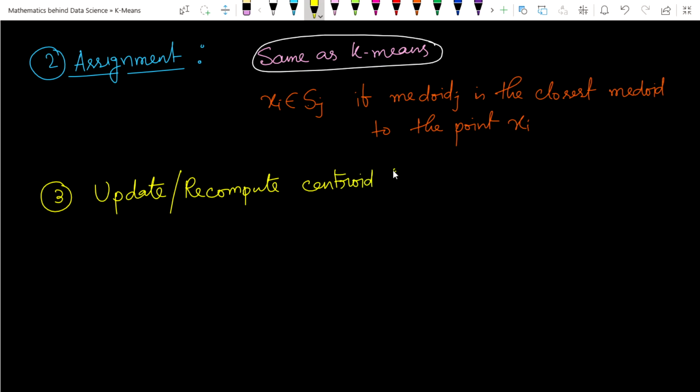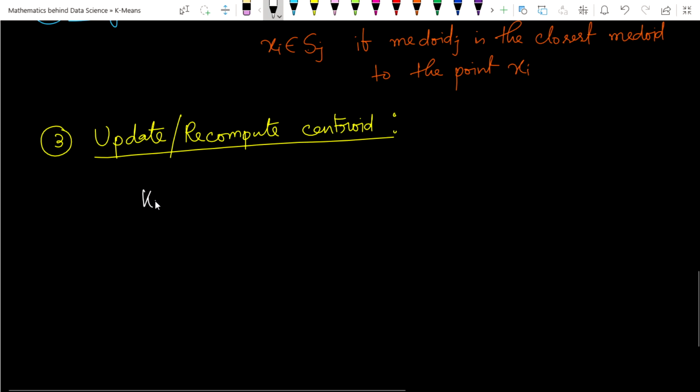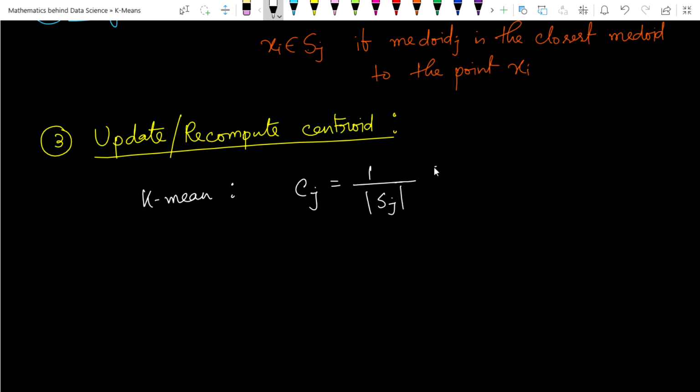Just remember, in K-means, to compute the centroid we use this formula: the number of points in that cluster, and the summed-up value of the points belonging to Sj.